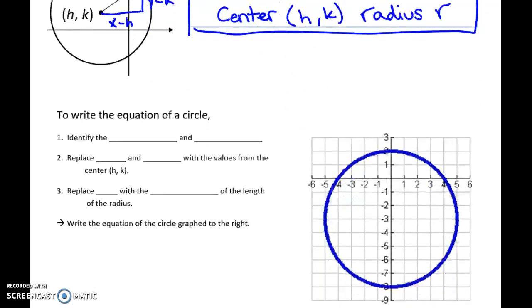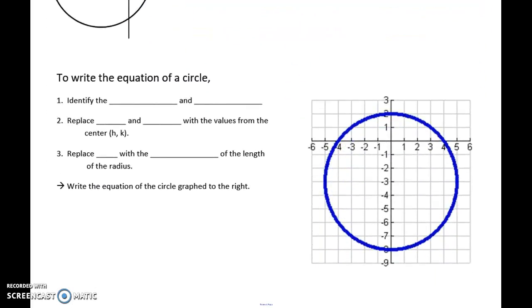So, looking forward, let's talk about how we actually write the equation of a circle. The first thing you're always going to do is identify the center and the radius. Looking at this circle here, I'm going to draw diameters and see where they meet. If I draw a diameter straight down and a diameter straight across, they meet right here at 0, -3. That must be the center.